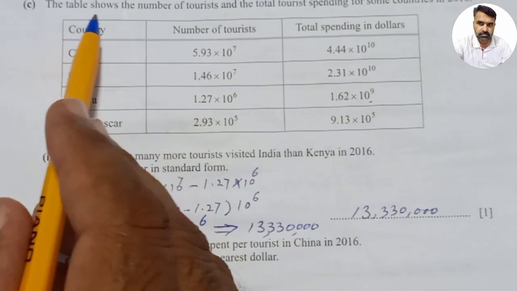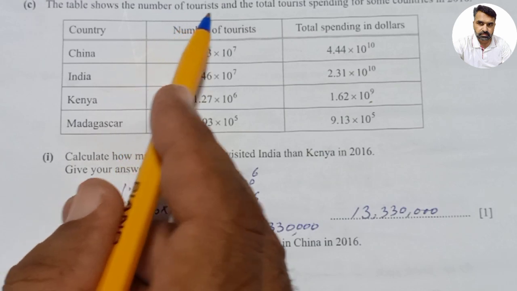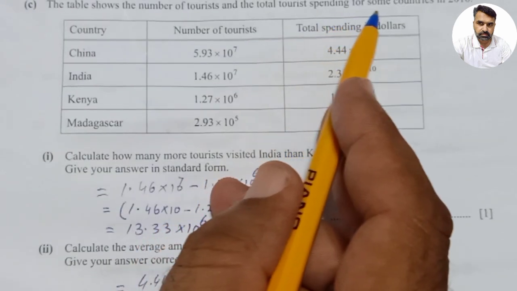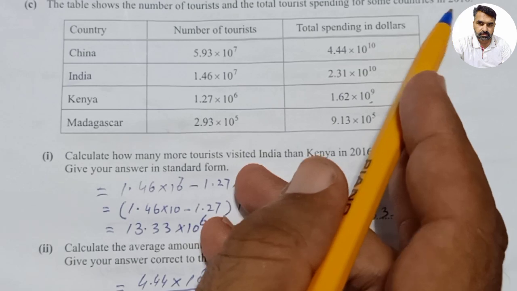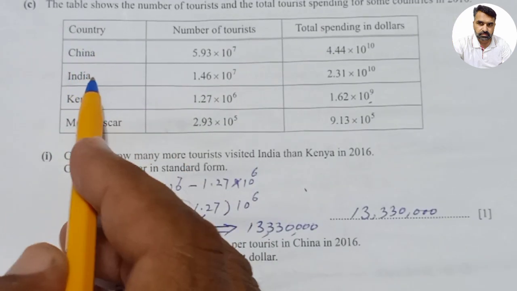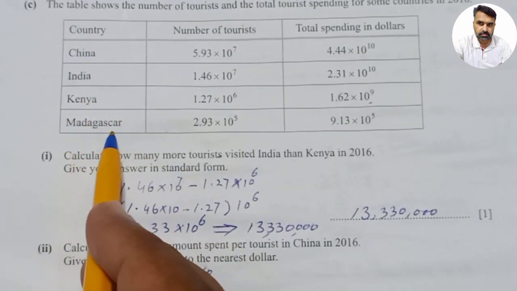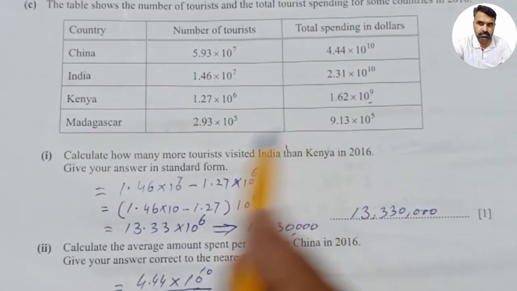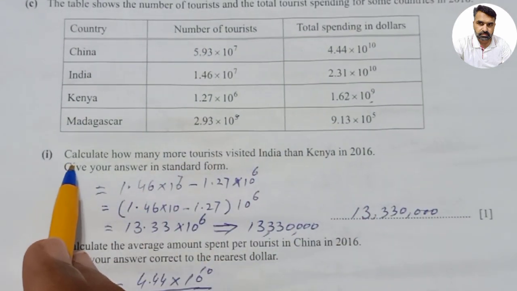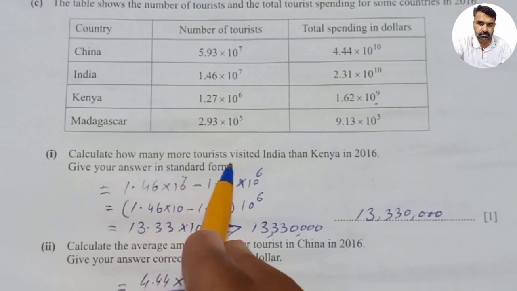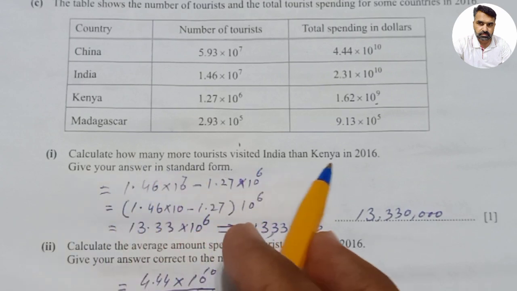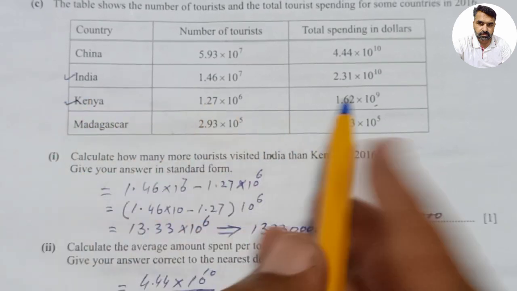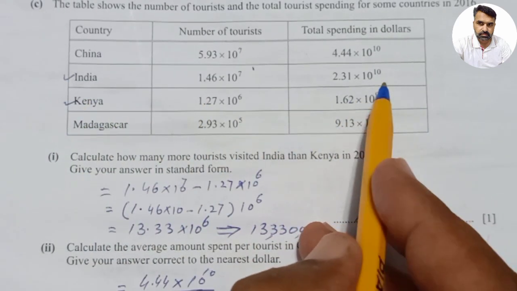C part. The table shows the number of tourists and the total tourist spending for some countries in 2016: China, India, Kenya, Madagascar. These are the numbers of tourists and this is the expenditure. So students, we have to calculate how many more tourists visited India than Kenya. We will compare the number of tourists.